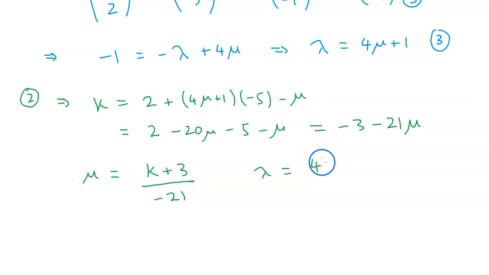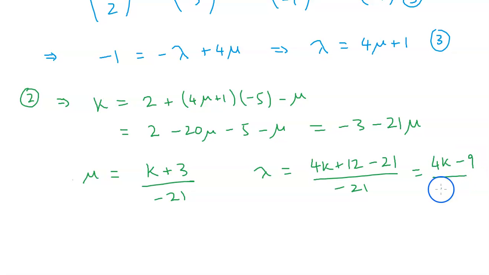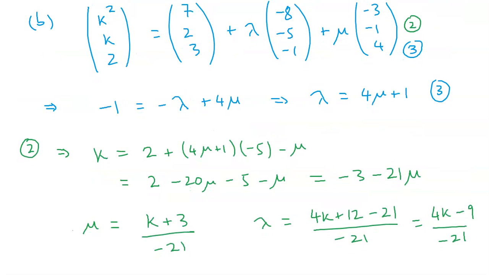So that would be (4k plus 12 minus 21) divided by minus 21. So that would be (4k minus 9) divided by minus 21. And then from there, I guess we're ready to get our equation about k.